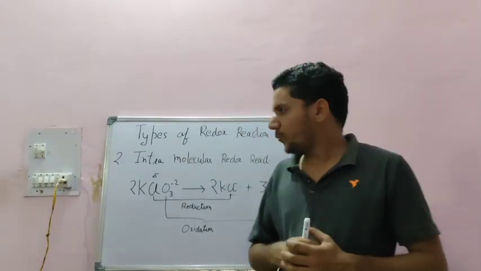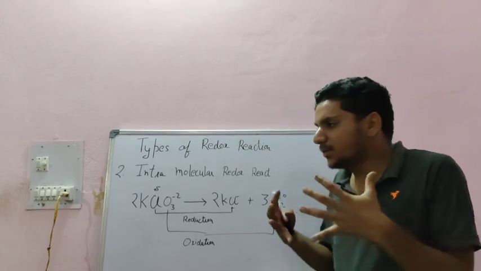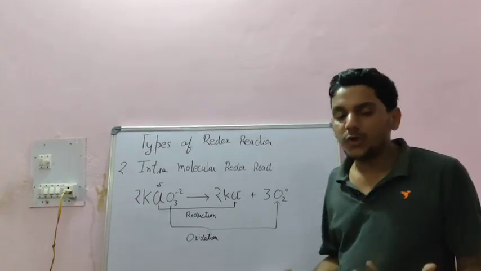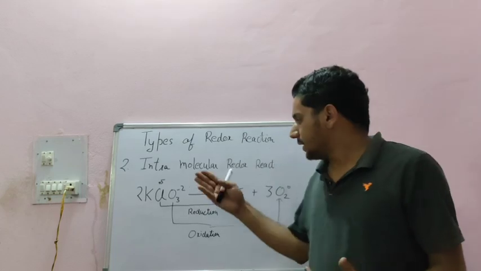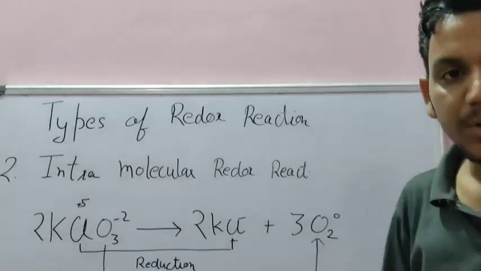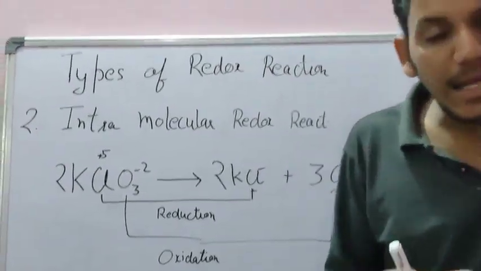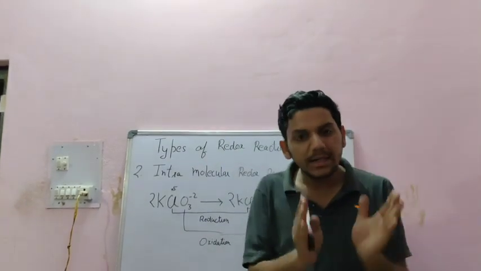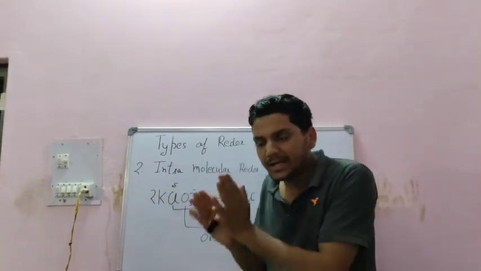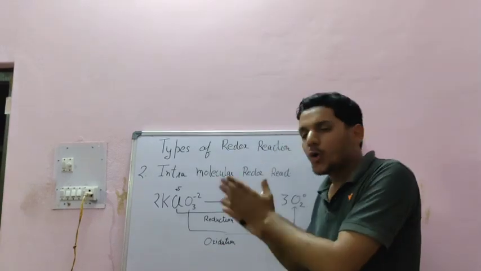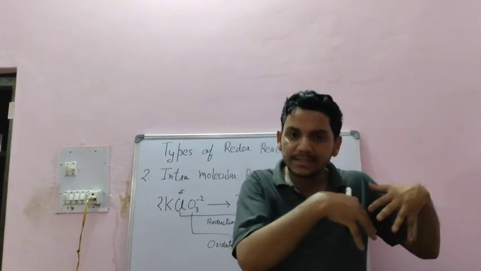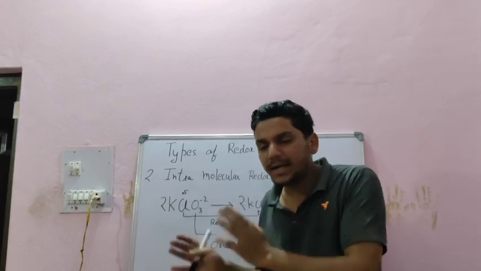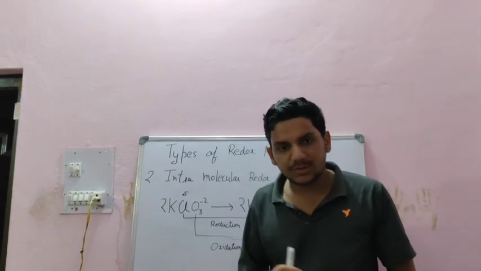After the first one, which is the intermolecular redox reaction, the second one is the intramolecular redox reaction. This is the example. In an intramolecular redox reaction, one atom of a reactant will undergo oxidation, whereas another atom of the same molecule of the reactant will undergo reduction.